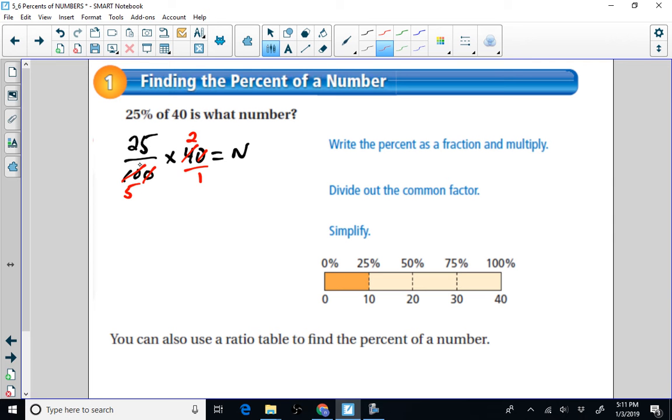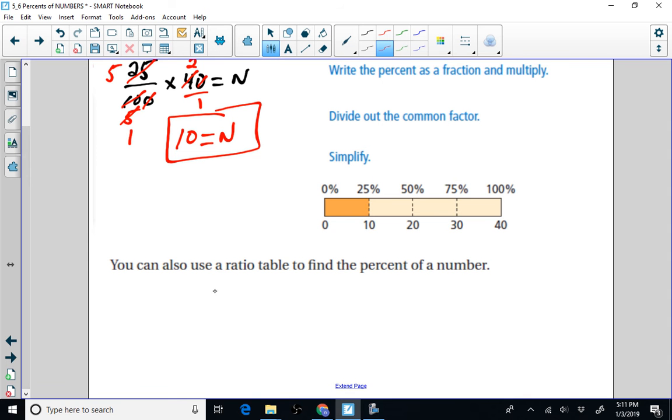But then I can divide out 5 and 25. 5 goes into 25 5 times, so that becomes 1 and 5. So 25% of 40 is what number? Numerator times numerator, denominator times denominator. 5 times 2 is 10. So I wind up with 10 is equal to n. Alright?